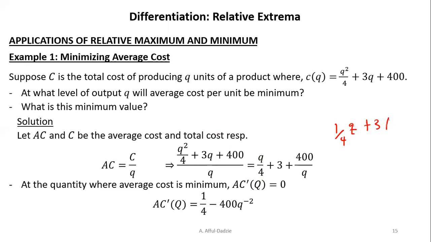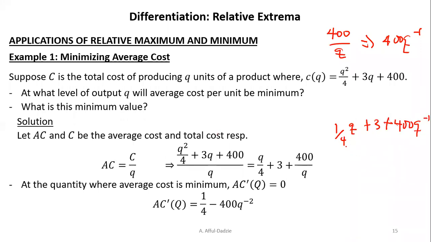Now remember the last time I taught you, that if you have something like 400 over Q, another way of writing this would be 400Q to the power minus 1. Here it has a power positive 1, but when you reverse it, it has a power negative 1. So you can have plus 400Q to the power minus 1.